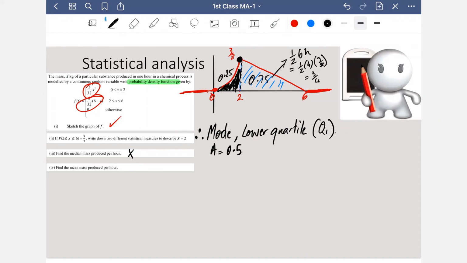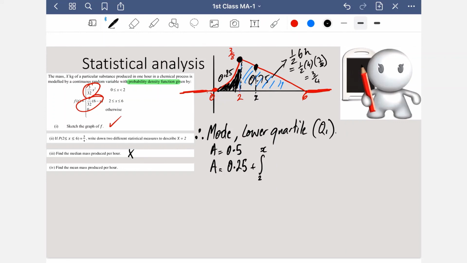We've already got the area from 0 to 2, that's 0.25. So what we now know is that the area on the other side, from 2 to 6, but we want to know the value of x, so it's going to be somewhere over here. Our median is going to be somewhere over here, x.